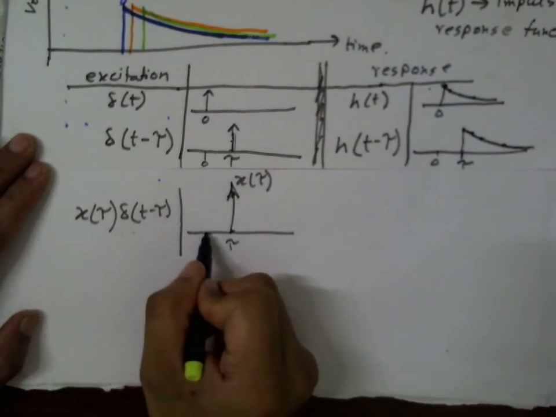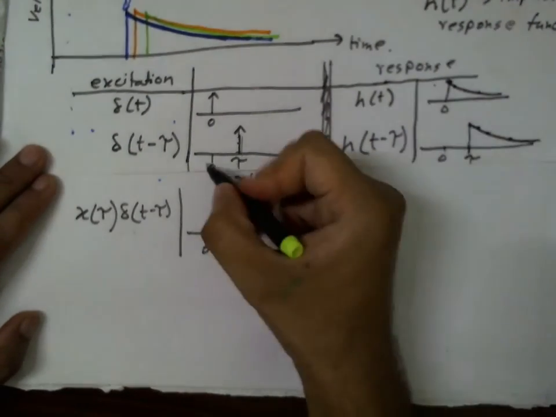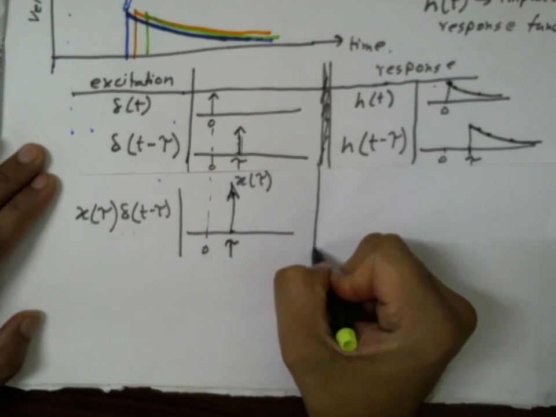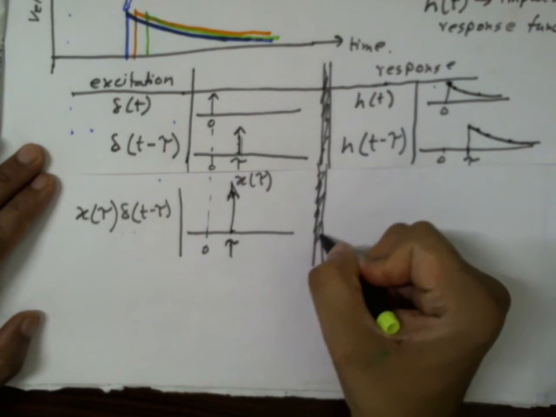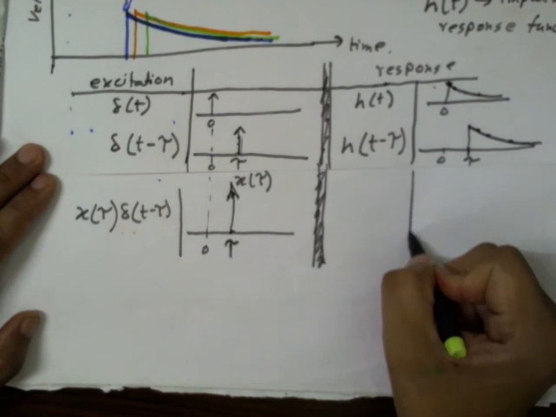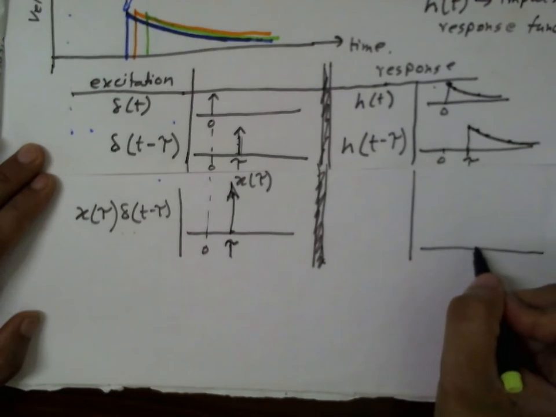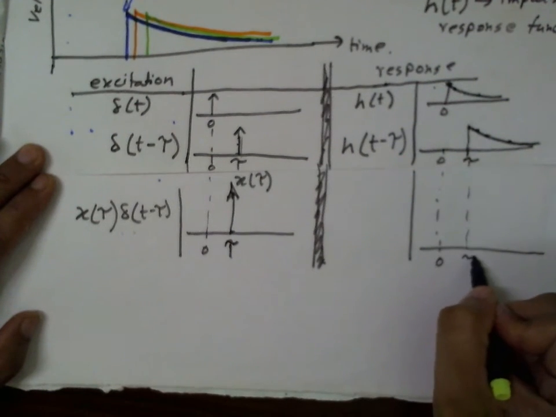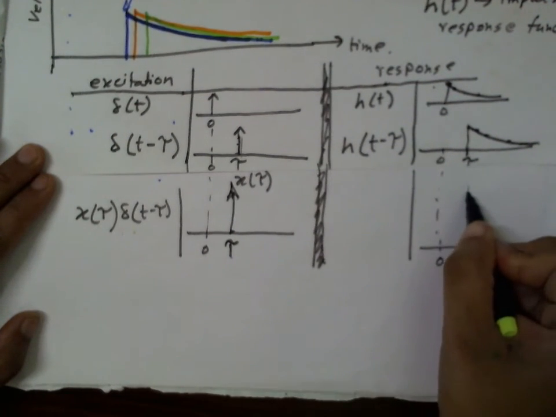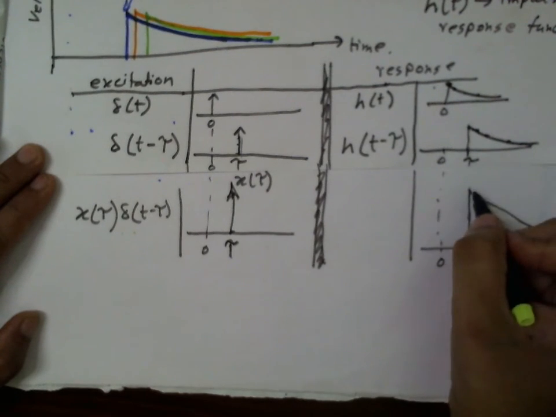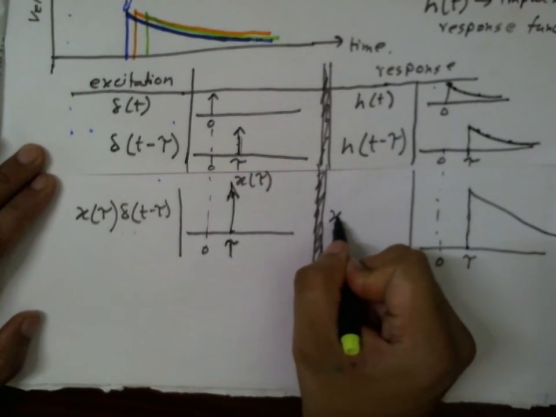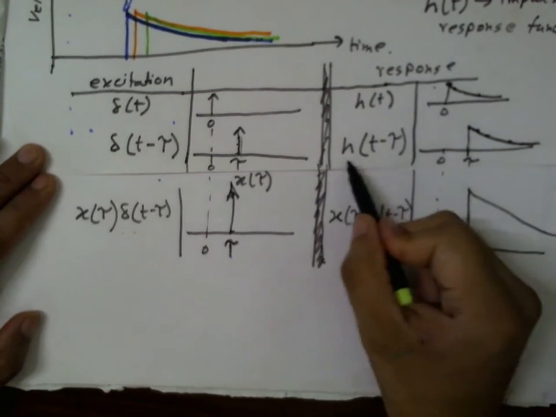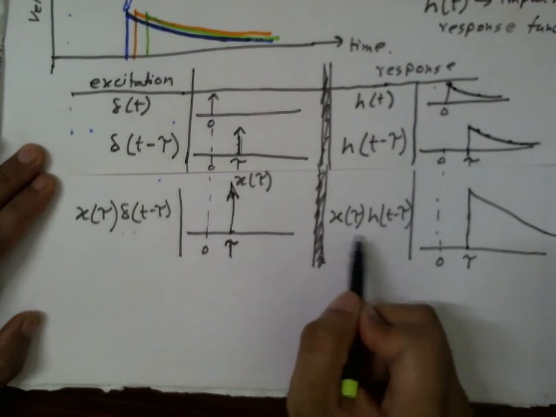So this is 0, this is tau. And then the response should also get scaled up. So here I should have a larger exponential like this. So this function then should be x tau h t minus tau. So previous one multiplied by x tau, right?